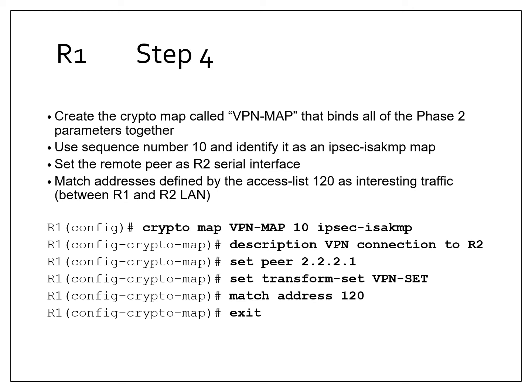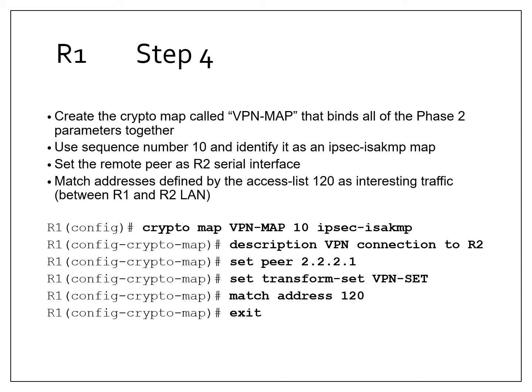We're going to match addresses defined by the access list that we defined previously, access list 120, as interesting traffic between router 1 and the router 2 LAN. So we'll say crypto map VPN-map, this is the name we've given it, sequence 10, ipsec-isakmp.